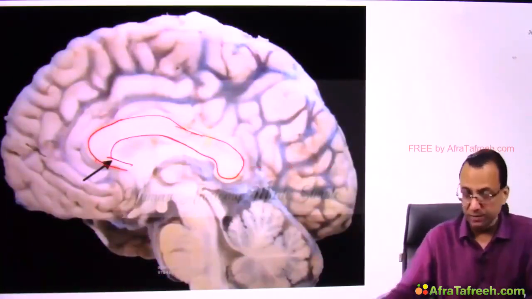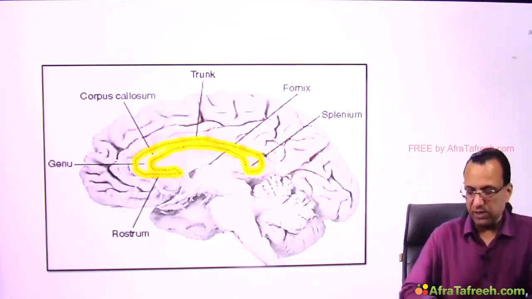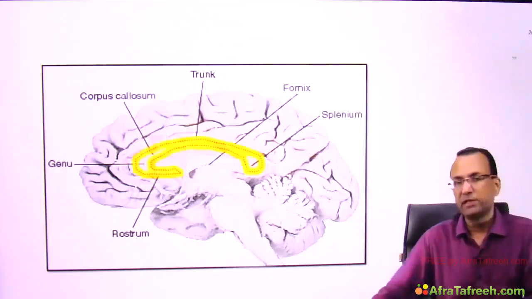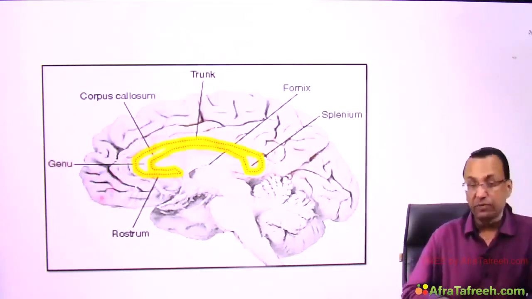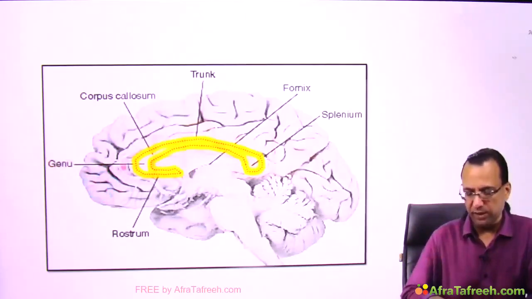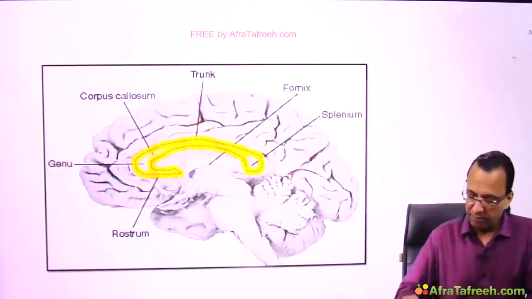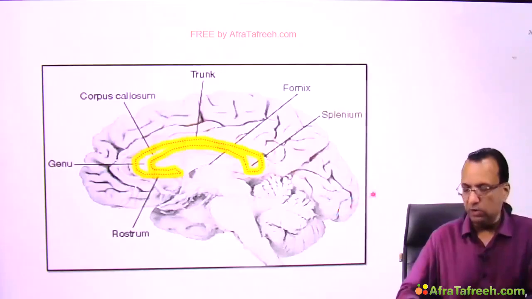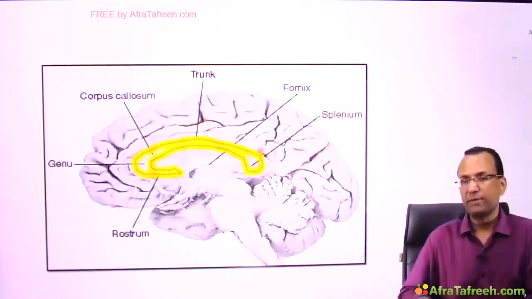Let us look at the various connections it is doing. If you are talking about corpus callosum, this is a sagittal section, and what we have learnt is, if I want to connect the frontal lobe with the frontal lobe, the fibers are called the forceps minor, and they are passing through the genu of the corpus callosum. If I am connecting the occipital visual cortex of right side with left side, the fibers pass through the splenium, and it was forceps major.